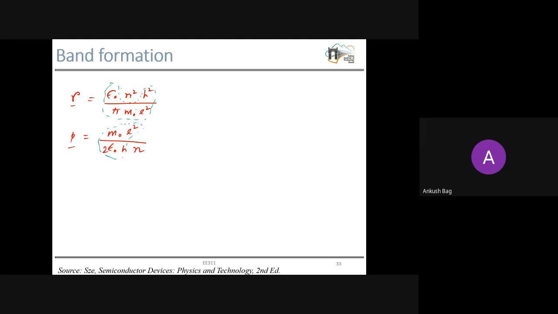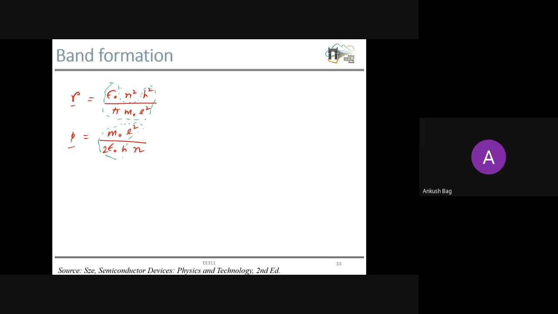Apart from this we have n, which we have already mentioned is an integer.